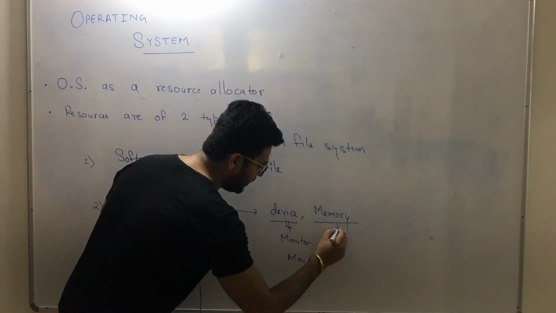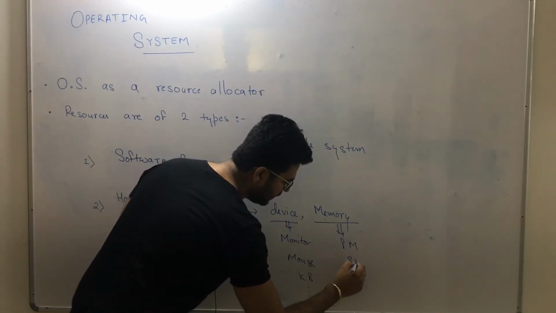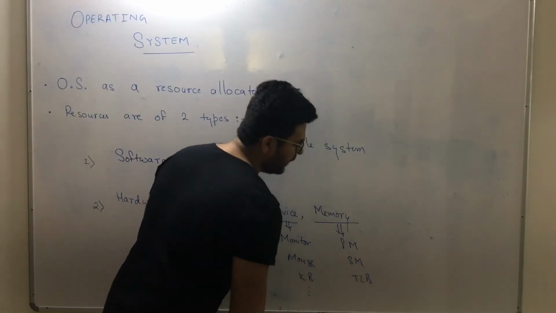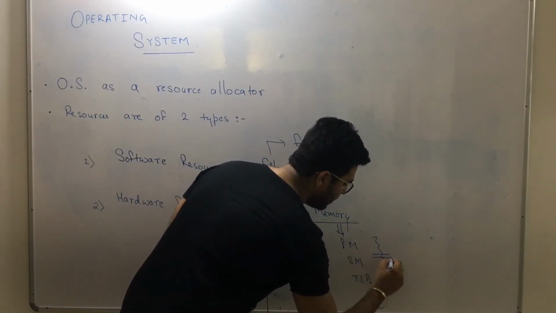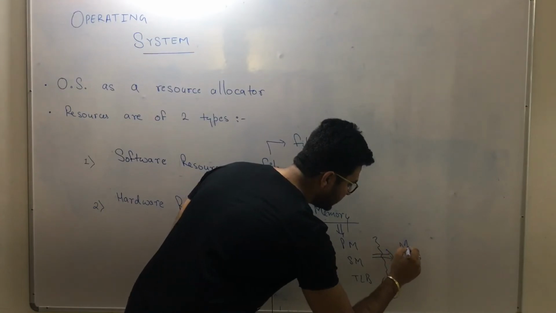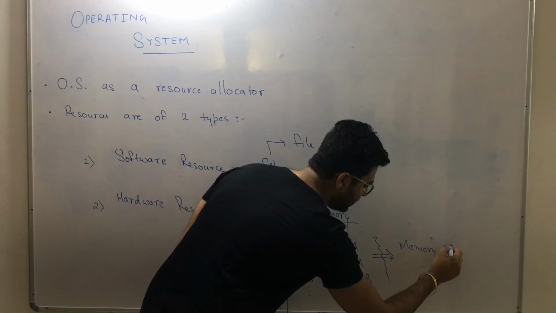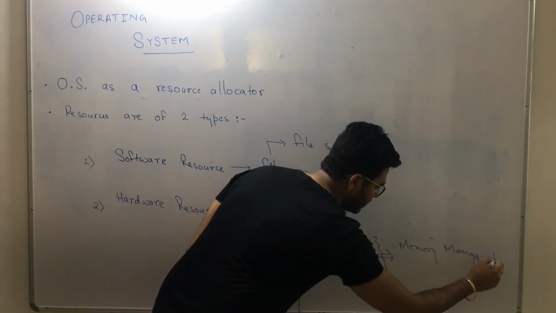It can be a primary memory, or a secondary memory, or a translation look-aside buffer. And for managing these memories, we will be learning a concept named memory management technique.